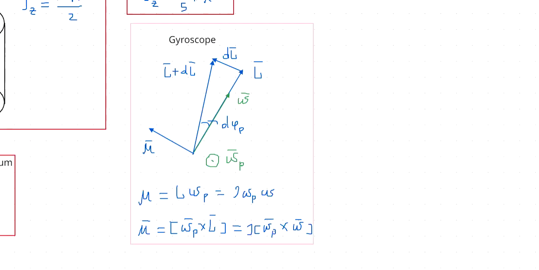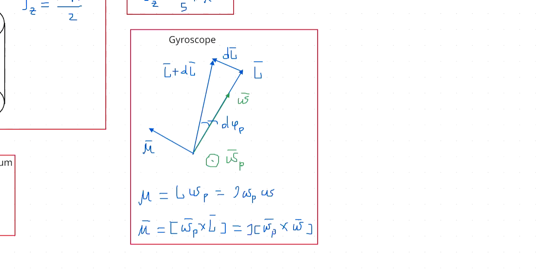Moment of gyroscopic forces. Gyroscopic forces try to prevent us from changing the orientation of the axis of rotation.